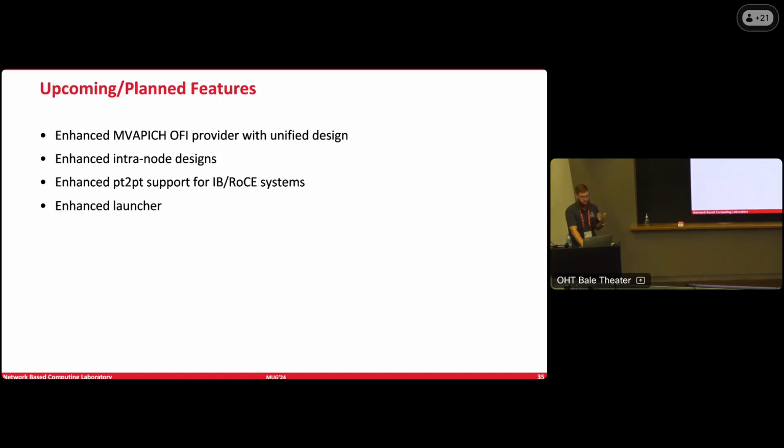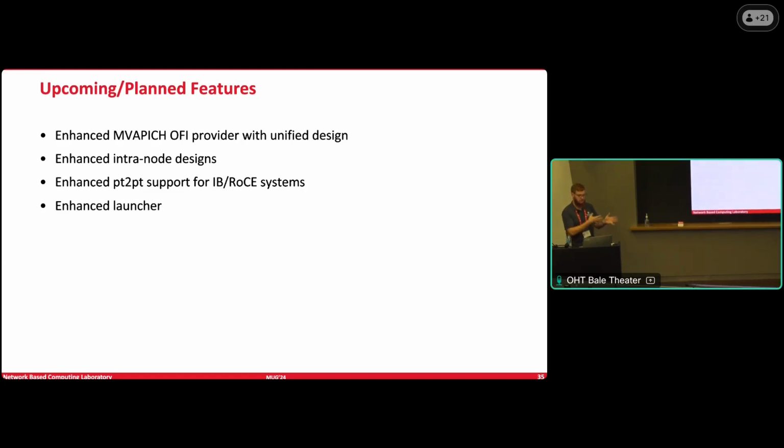All right, so in terms of upcoming features in our mainline MVAPICH branch, we are going to be bringing in our OFI provider that has a unified design for both internode and intranode designs, and will support IB devices. So this will take the place, if you're familiar with our older versions, of our MRAIL device.